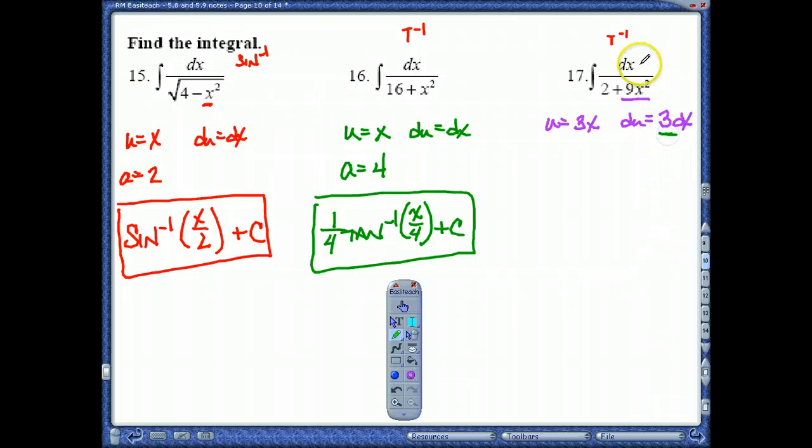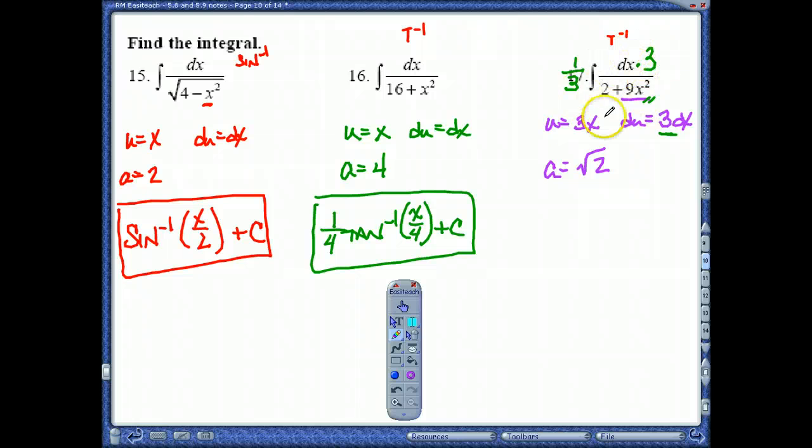I need the 3, so I'm going to put the 3 here, and I'm going to counteract that with a 1/3 out in front. So I have my du, I have my u squared, I have my a squared. Well, if a squared is 2, then that means a has to be square root of 2. So that's kind of weird. I need to have all of those pieces there.